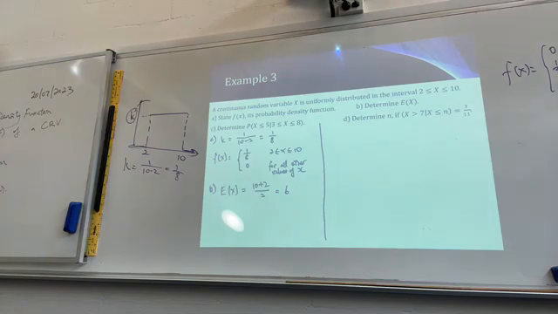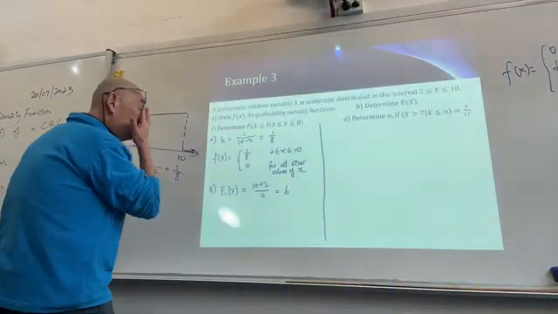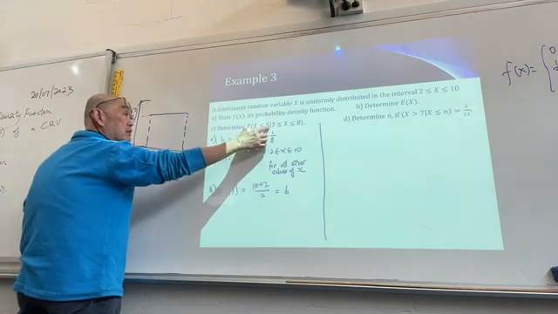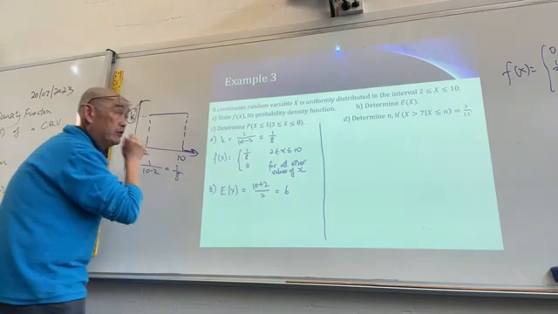Now that you've got those, again, I would suggest you sketch the graph if you want to, or write it out as a probability statement. So less than 5, but then there's a lower bound there which is 3. So it's the probability of x between 3 and 5, over the probability of x between 3 and 8.